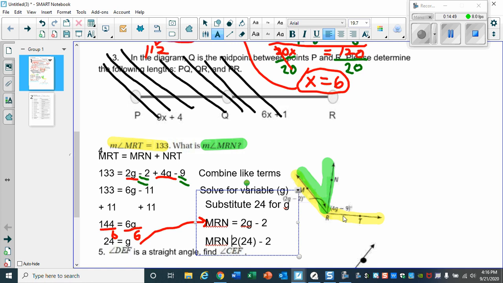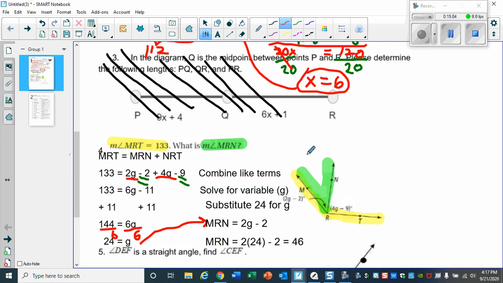MRN equals 2 times 24 minus 2, which after order of operations, 2 times 24 is 48, minus 2 is 46. So angle MRN is 46 degrees.